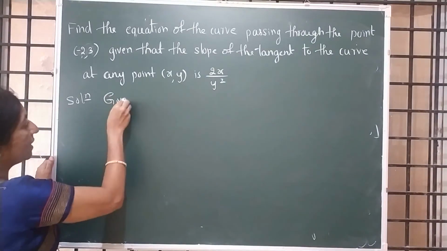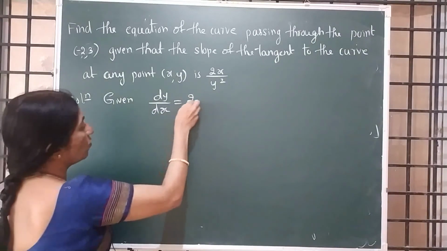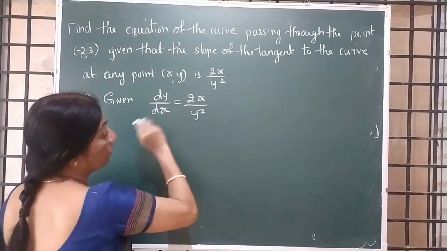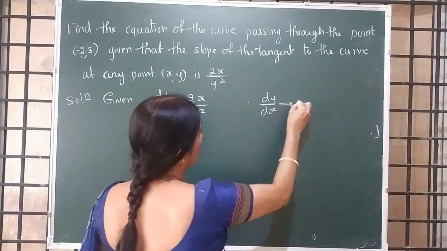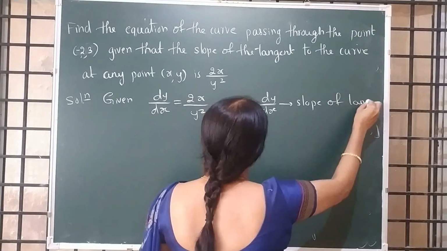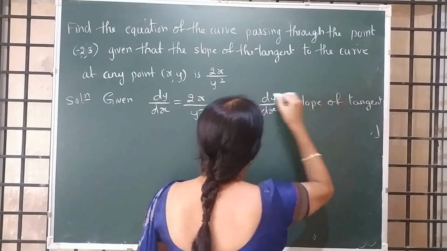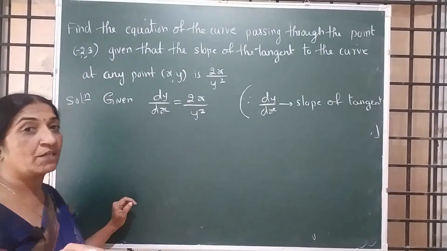So indirectly it is given dy upon dx is equal to 2x upon y square. Why? Because dy upon dx is the slope of tangent. Where have you studied this? In the application of derivatives, in the derivative as a rate measure.